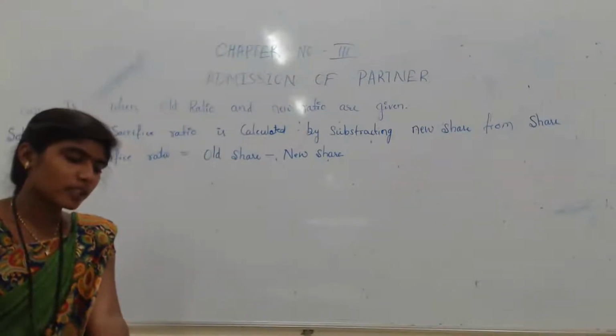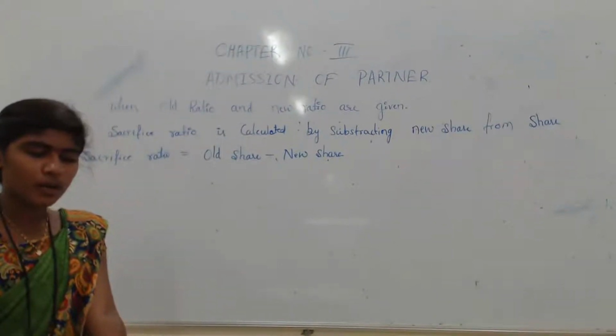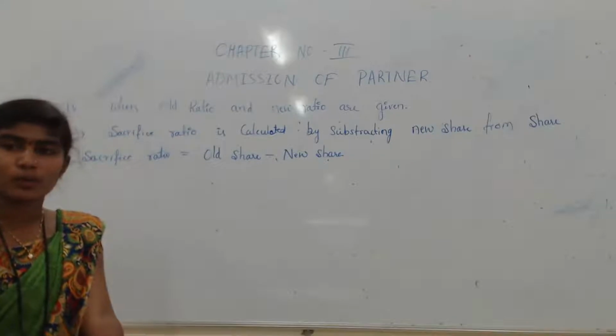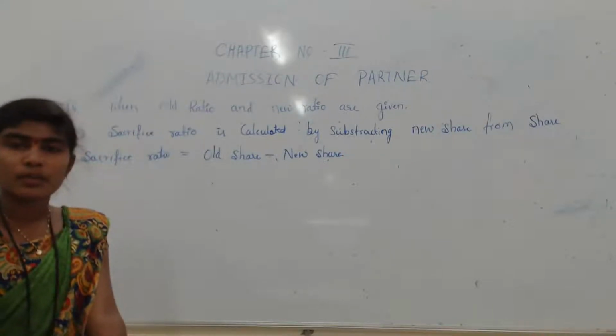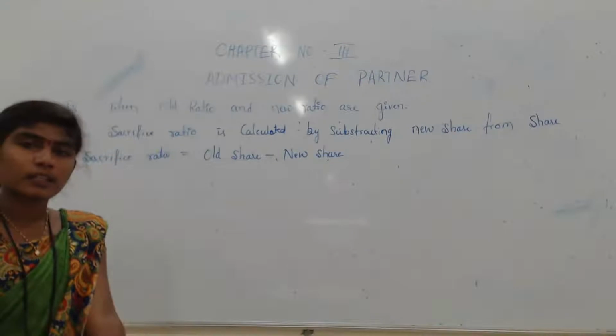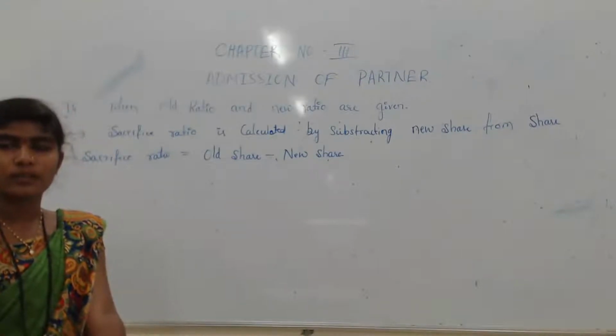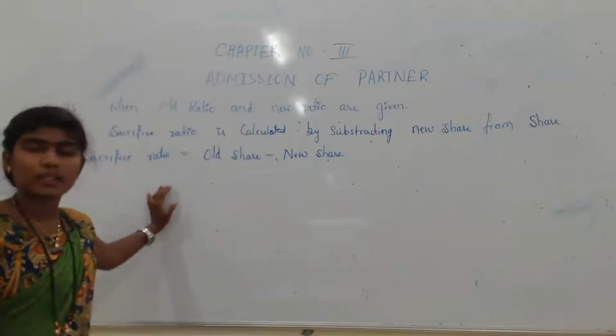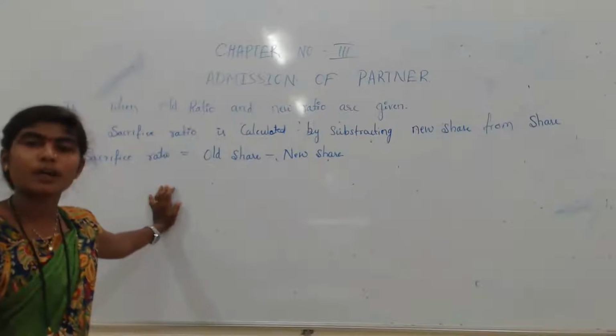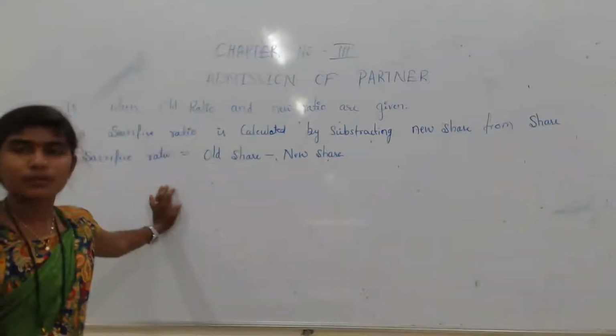Calculate the sacrifice ratio of Ram and Rahim. Ram and Rahim are old partners. So the sacrificing ratio is completely related to the old partners. So now we are calculating the sacrifice share of Ram and the sacrifice share of Rahim.